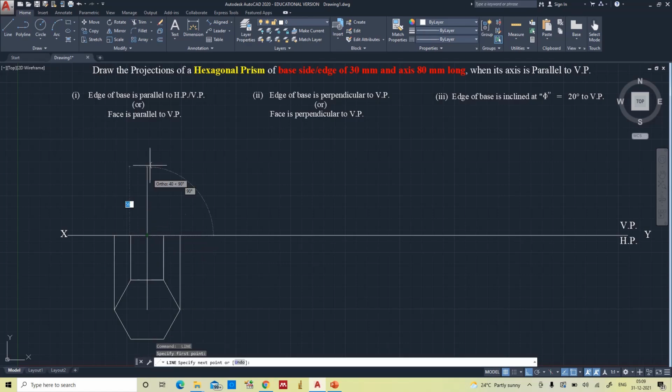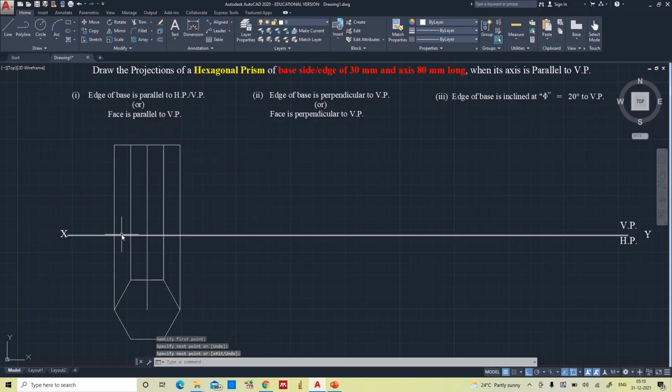Now the axis height is 80 mm. The lines I am drawing are at the edges of the rectangular faces, and this is the upper base and this is the lower base. Now I'll give the notations.